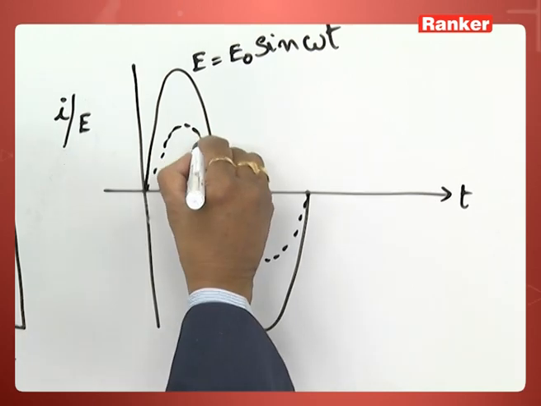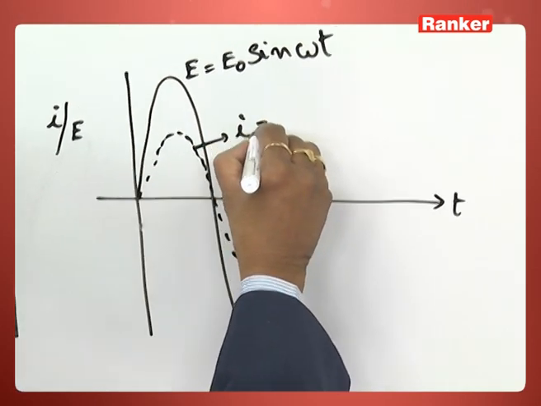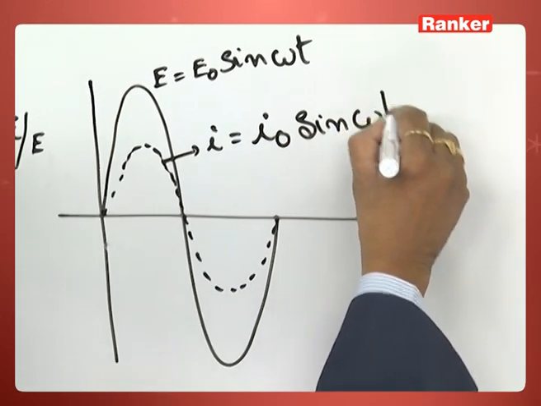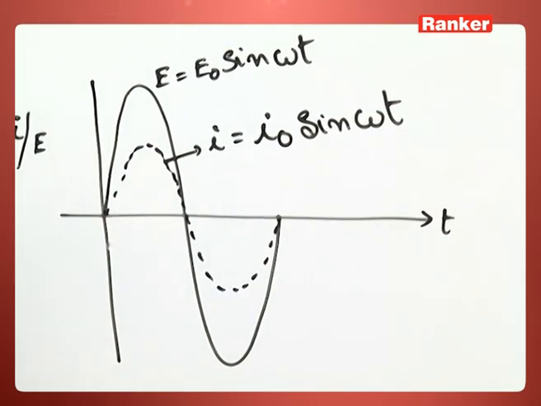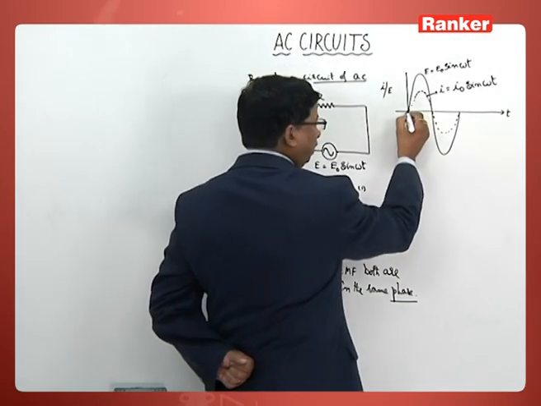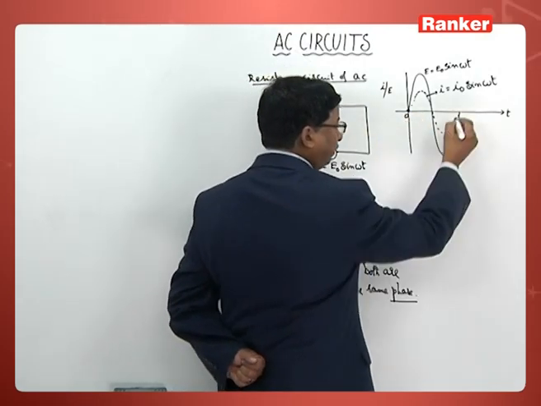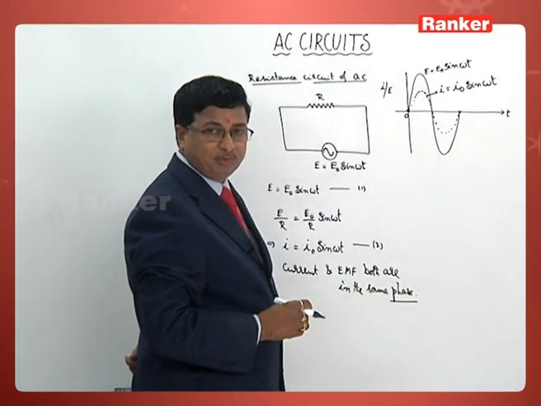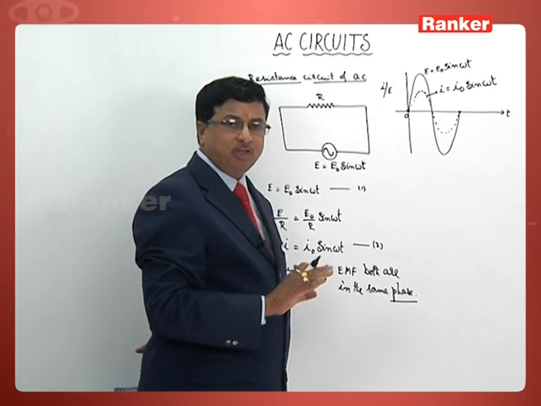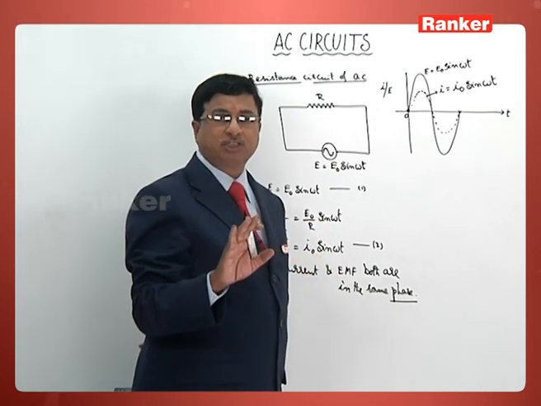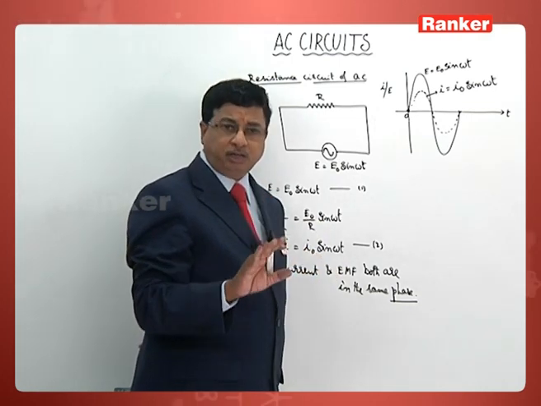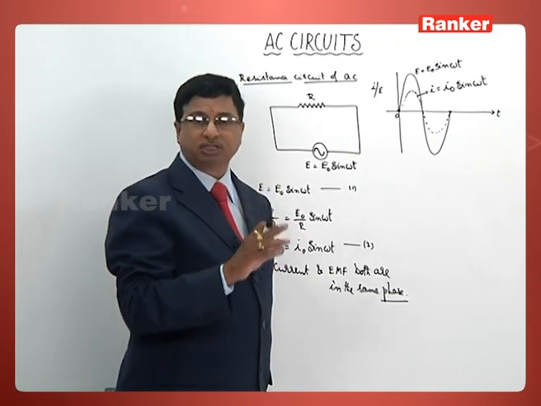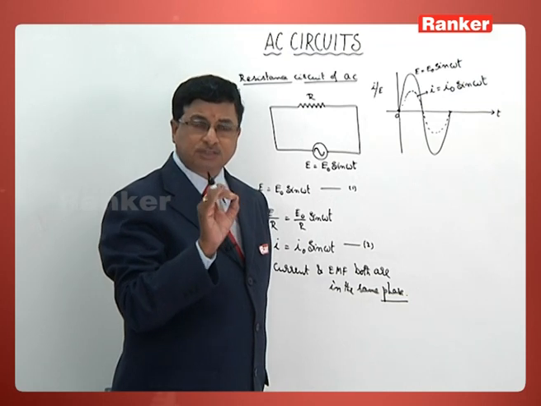This dotted graph, whatever we are taking up, represents I is equal to I naught sine omega t. But observe carefully, both the graphs start from the same point and end at the same point. So, one can understand by looking, there is absolutely no phase difference between the alternating current and alternating EMF when we observe a pure resistance circuit of AC.